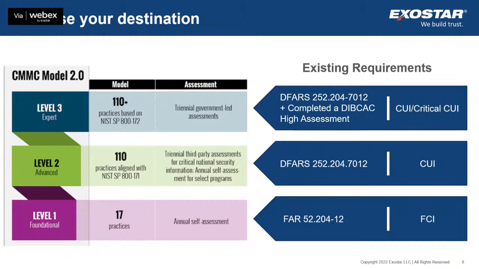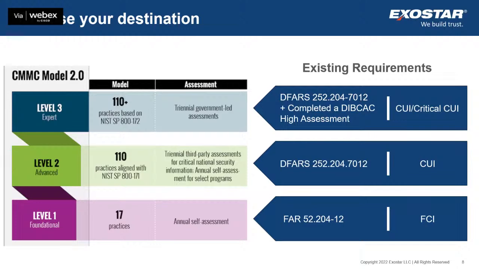And the easiest way when you're looking at those contracts is to look at those clauses. So if you're an organization that, as far as you know, doesn't get controlled unclassified information today, you very well may be just that level 1. The contracts you may be fulfilling today don't have DFARS clauses. You've got a FAR clause, that's the Federal Acquisition Regulation, 52.204-12.